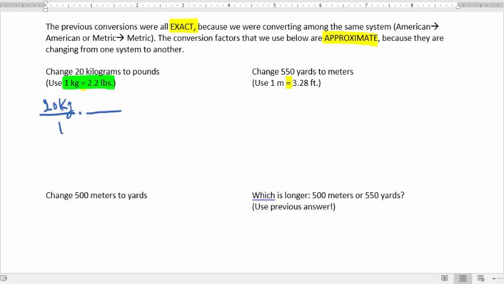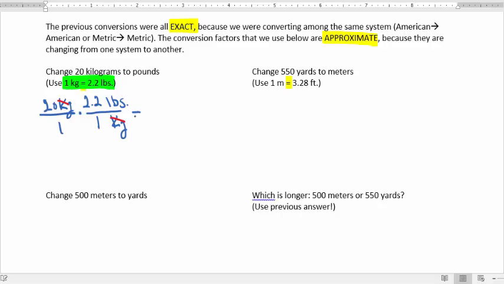But remember, we want kilograms to cancel. So we're going to have to write the kilogram down in the denominator and the pounds up in the numerator. So this was 1 kilogram and it was 2.2 pounds. So now you can see our cancellation is going to occur. And again, this was one of those easier ones. There's nothing to divide by.